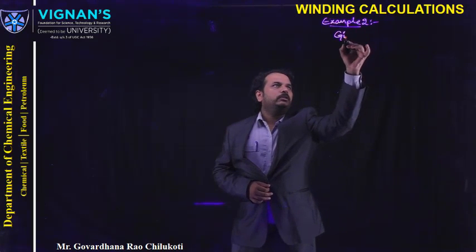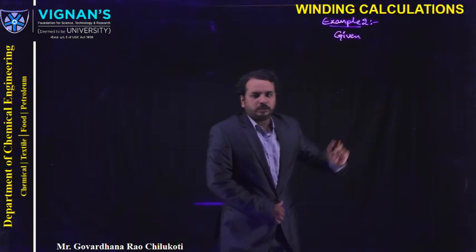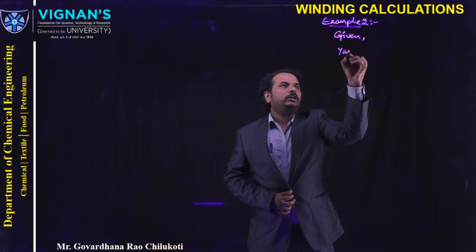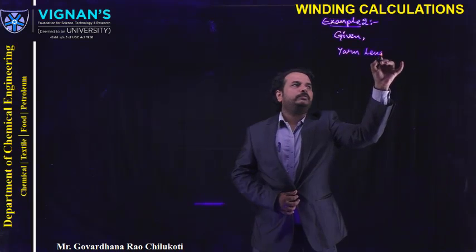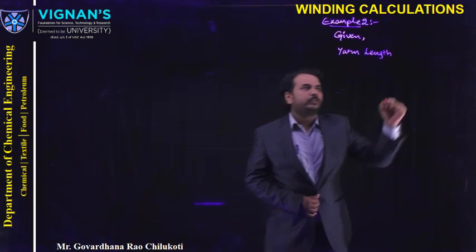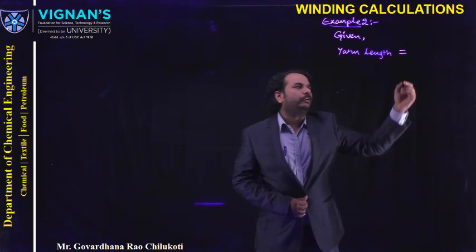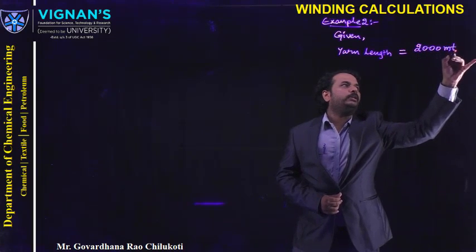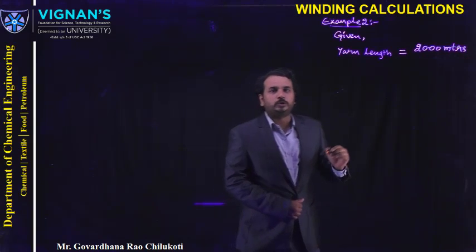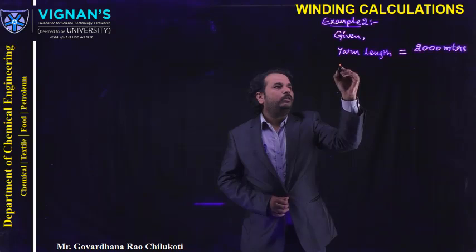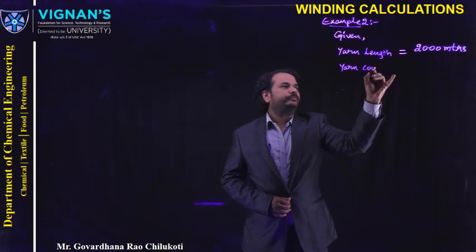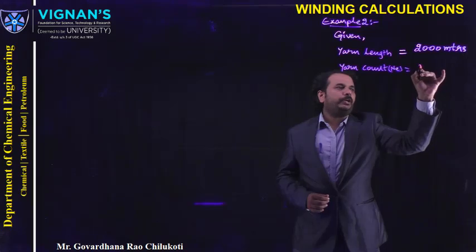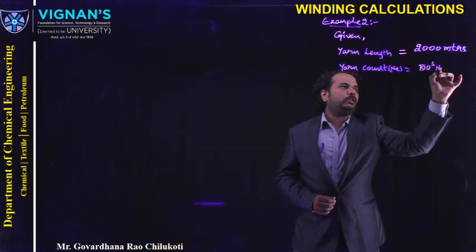Example 2 we are discussing. Given the yarn length, say for example, 2000 meters yarn length is there, and the yarn count, that is Ne, say for example it is 50s Ne.